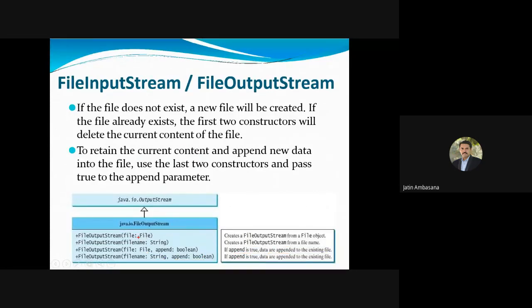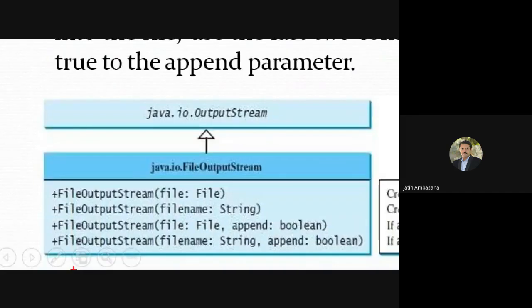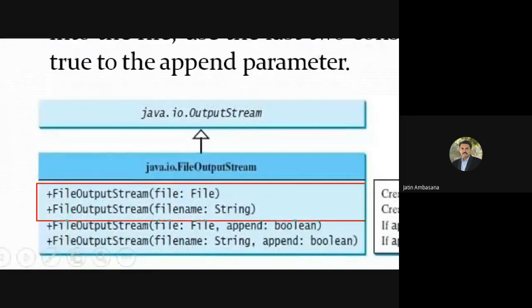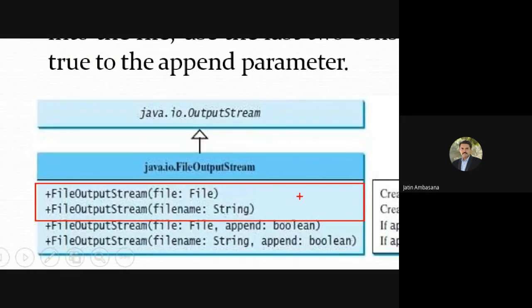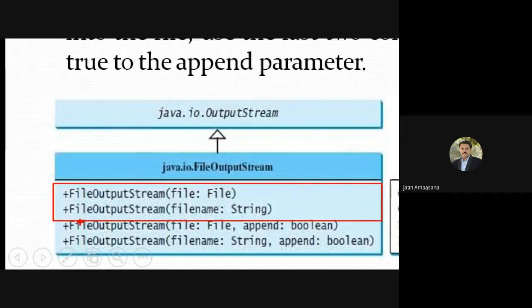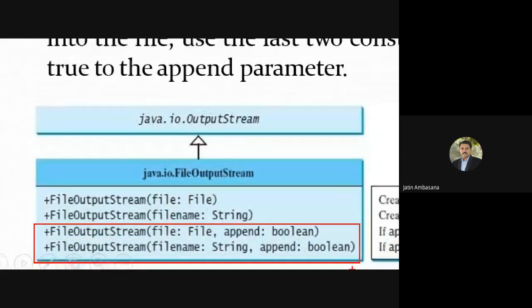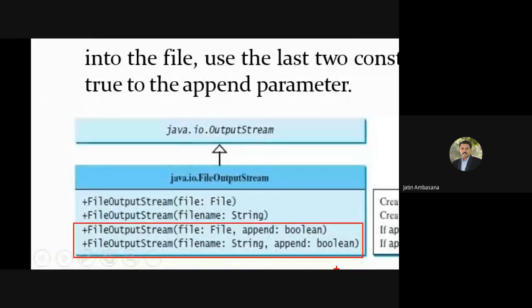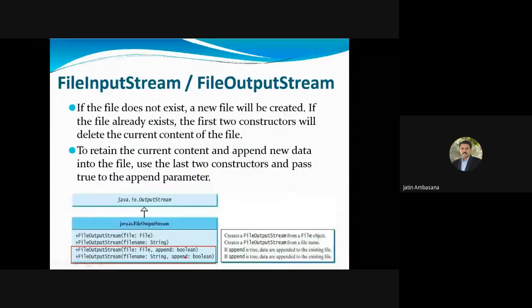So remember, if you are using file output stream without the boolean, then it overwrites the file. These are the constructors. And if you use the file output stream constructors with append, which is a boolean value, then that appends the data to the file.